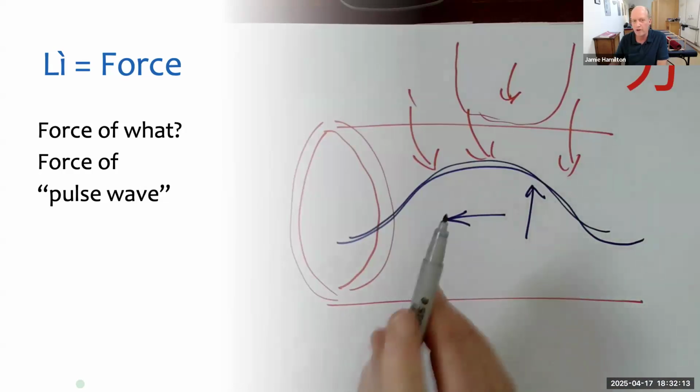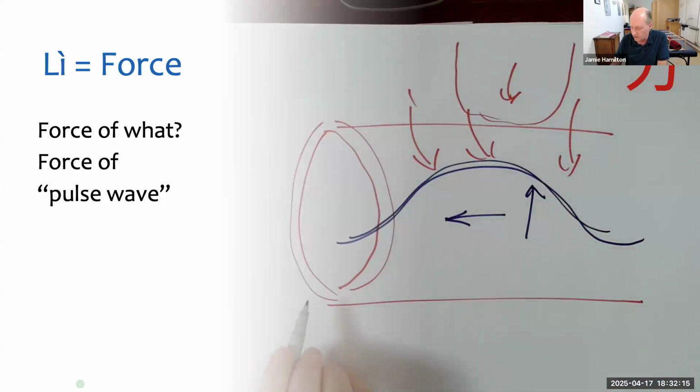And our experience of this is a sense of fullness and a sense of presence of actually what is blood. It's the beating of the heart eventually that's going to be doing that. And that heartbeat is being propelled down the artery, and that's what we're feeling.